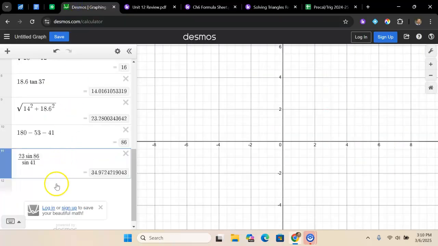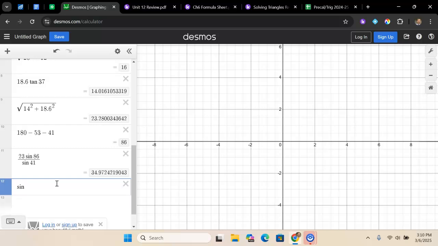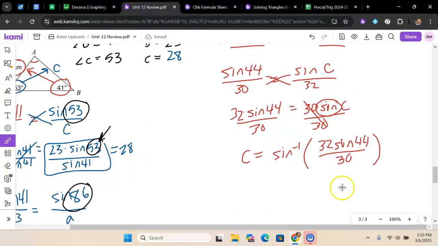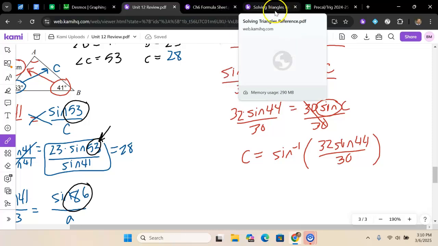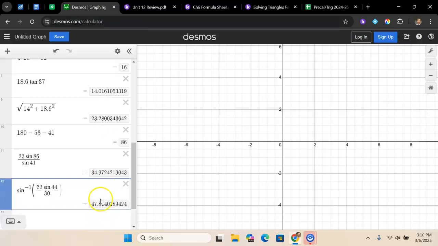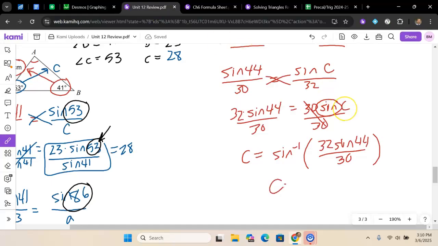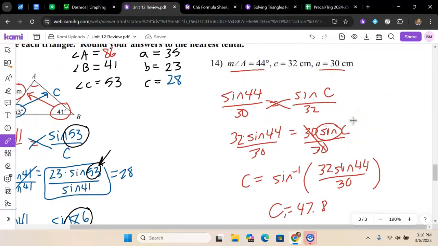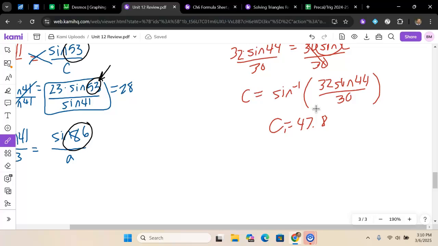Okay, so that number is the inverse sine of 32 sine of 44 over 30. That number is 47.8. So that's angle C. If the stuff is written out, this is the indicator that it could be the ambiguous case, which means you might have an angle C2, which would be the supplementary angle to this.